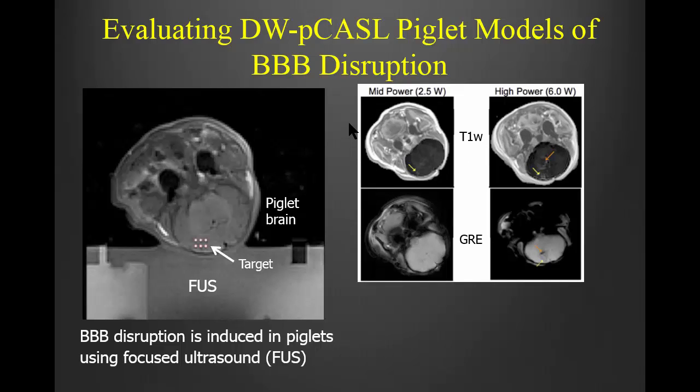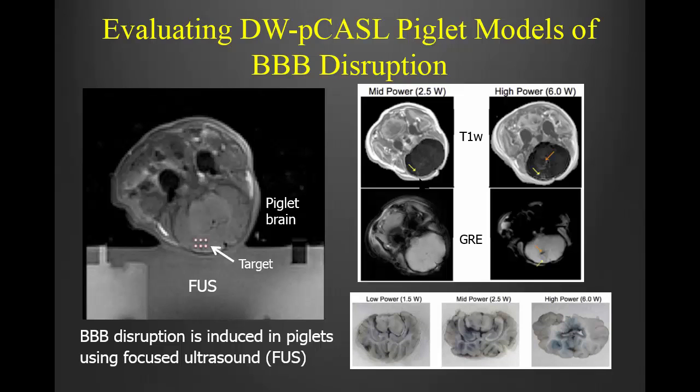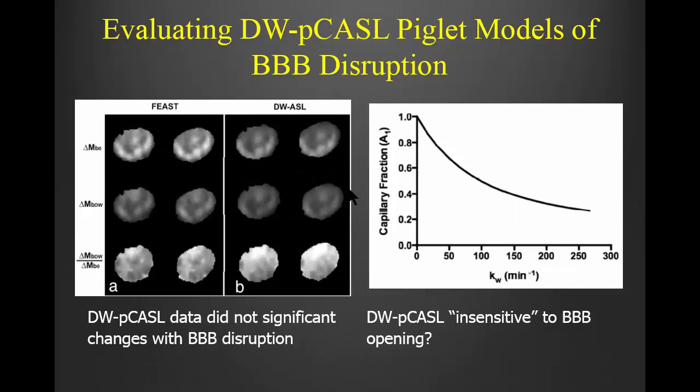We used a low power level of 2.5 volts and a high power of 6.0 volts. With the high power, you can cause hemorrhage in the piglet brain. The lower power is better, and this shows you histology of the piglet brain.